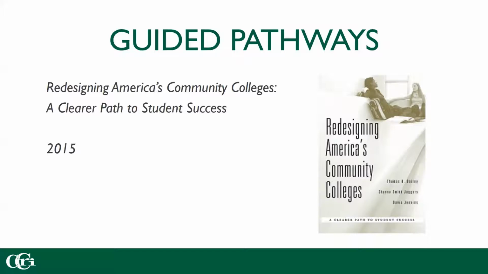The primary thesis of the text is that to substantially increase student completion, community colleges must engage in fundamental redesign. Their research coined the term cafeteria model to describe the traditional design of community colleges as centers of exploration, open access, and complete freedom in decision-making regarding course and major selection.